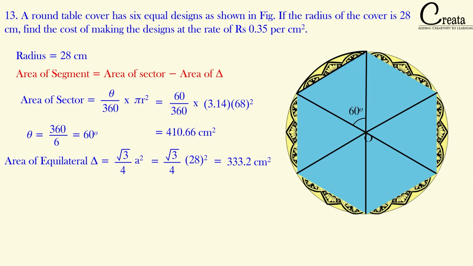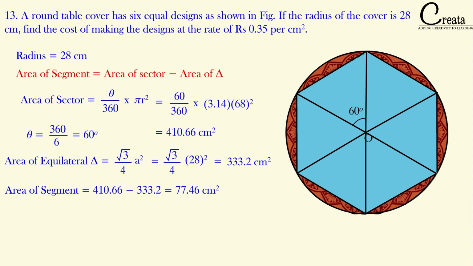We got the area of the sector. We also got the area of the triangle. Now we can find the area of the segment, which is area of sector minus area of triangle. Let's put the value. On solving, we got the area of the single design, or area of the segment, as 77.46 centimeter square. We have a total of 6 equal designs, that is, the area of all of these 6 designs will be equal to each other.